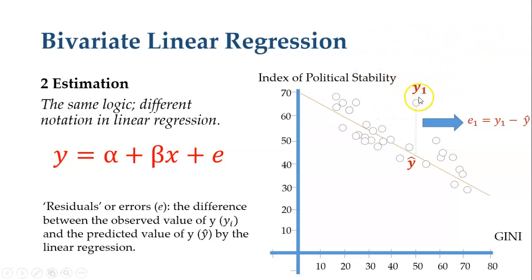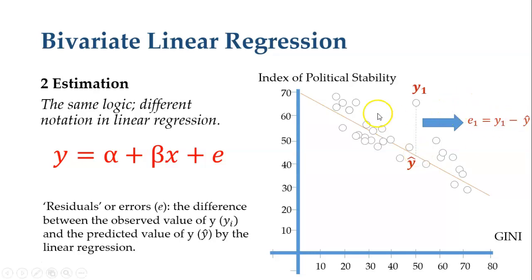It's kind of an outlier. But the error is the difference between that value, the value of Costa Rica, and the predicted value of Costa Rica if everything were perfectly linear, or it's basically the prediction that the linear regression does. So Costa Rica should be here if everything fit perfectly to the linear regression.